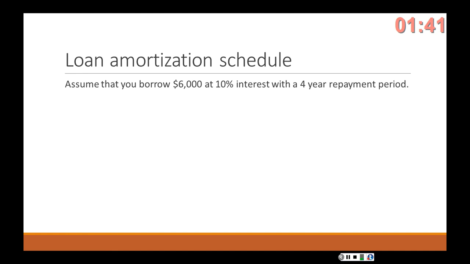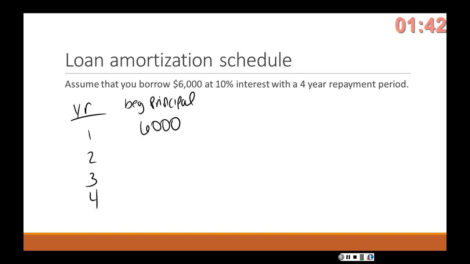So we can create a loan amortization schedule now that we know our payment. We have our years, 1, 2, 3, and 4. We have our beginning principal. We've borrowed $6,000. We have our payment, $1,892.82.